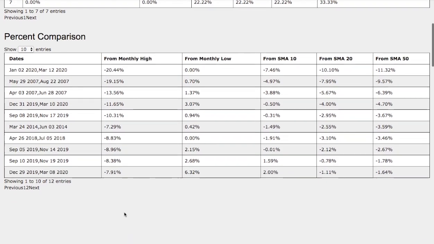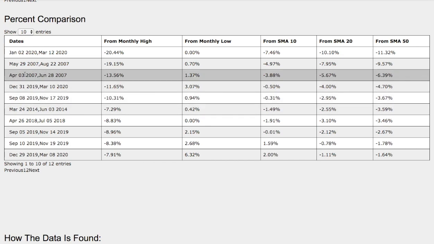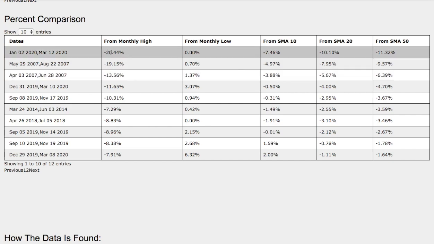And if we examine the percent side, the model that we just examined was April 3rd, 2007 to June 28th, 2007. As you can see, in the current trend, we're down 20%, up 0% from the monthly low, down 7% from the 10 moving average, another 7 or 10% down on the 20 moving average and 11% down on the 50 moving average.